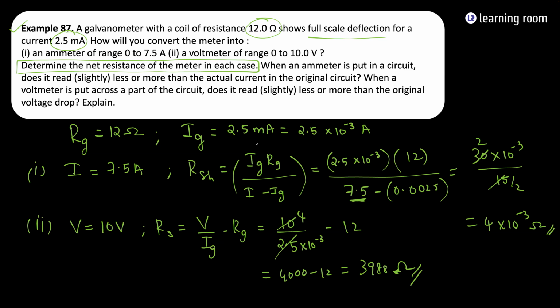The next one they are asking is, when an ammeter is put in a circuit, does it read slightly less or more than the actual current in the original circuit? Is it going to measure lesser value or more value? Why is it so? It is because you introduce some resistance, no? There will be a small amount of current that is drawn by the resistor.